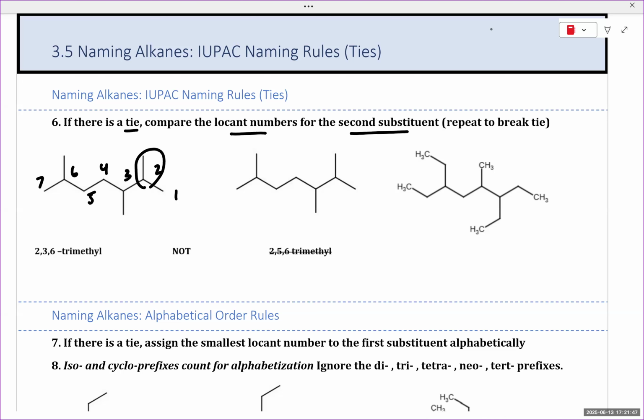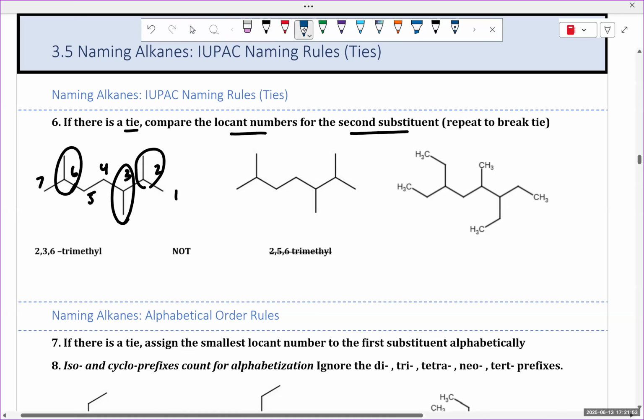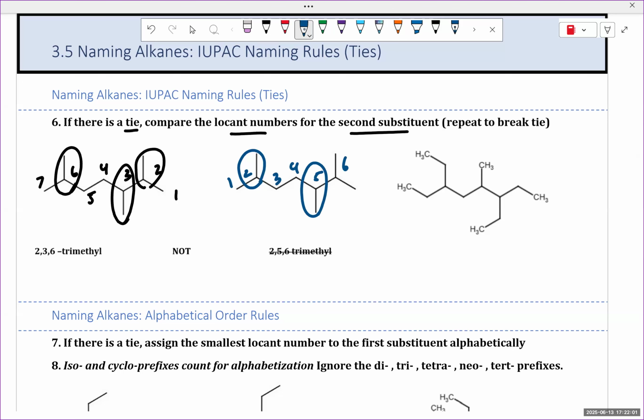So we have 2, 3, and 6 for our methyl locant numbers. We count from left to right, we get 2, 5, and 6 for our locant numbers.